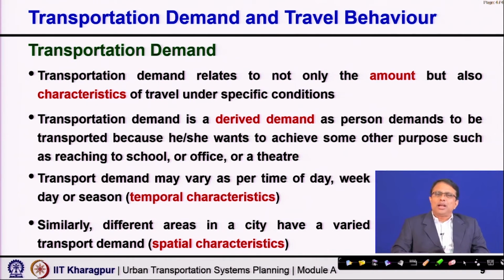The same road at 10 o'clock in the morning has a lot of congestion, but at 10 o'clock at night you will find no congestion because there is no demand, right. The scenario at 6 o'clock in the morning and at 10 o'clock in office hours are entirely different. So, we have to remember that transport demand has temporal characteristics.